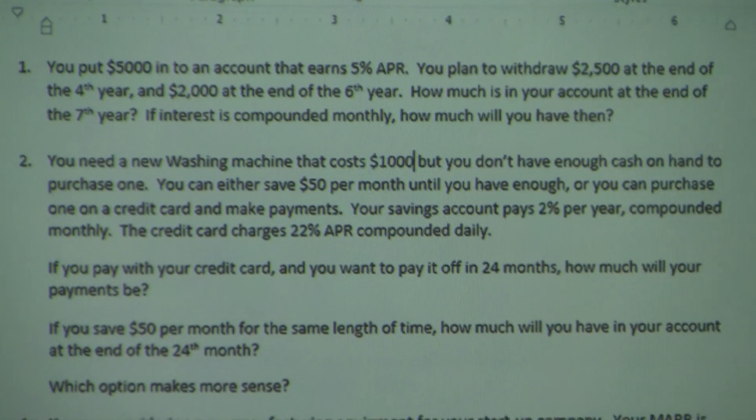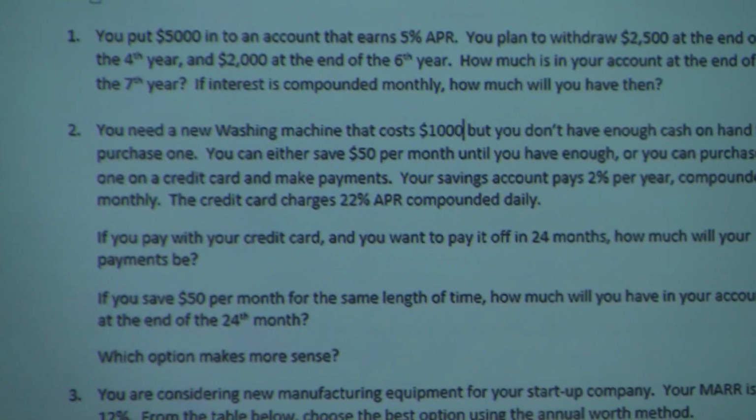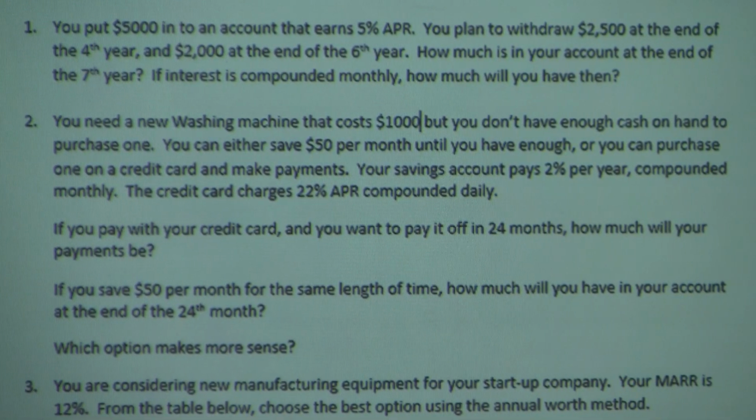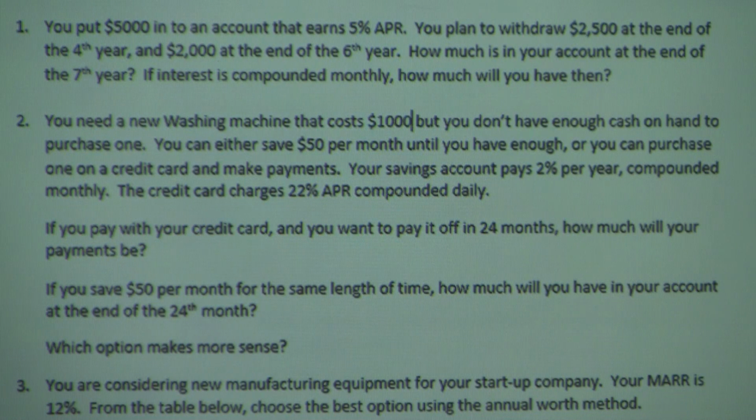So the $1,000 was given in the question. Obviously, I overlooked it initially. And I said in the question, what will your payments be if you want to pay it off in 24 months? So I gave you the time period of 24 months. I gave you the APR, annual percentage rate. I told you the compounding period. And I told you that you were going to make monthly payments.